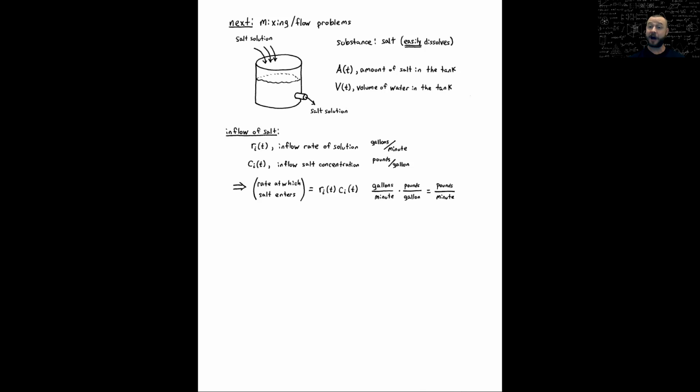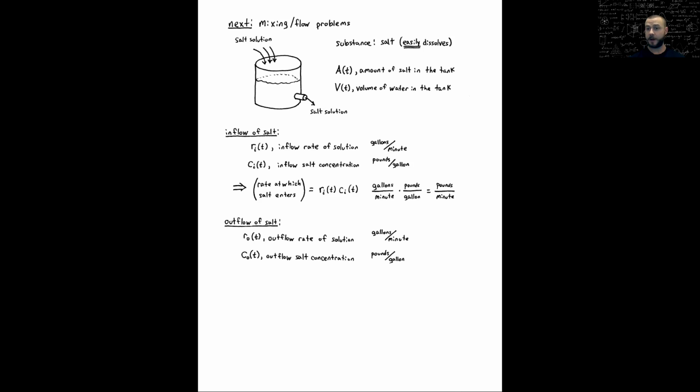All right, let's take a look at the outflow part. And we're going to have similar quantities. It looks like algebraically or symbolically that we're just changing the subscript from i for inflow to o for outflow. But there's a bigger change here. The outflow of salt is coming out of the tank. Now, a concentration is an amount of something per, in this case, total volume.